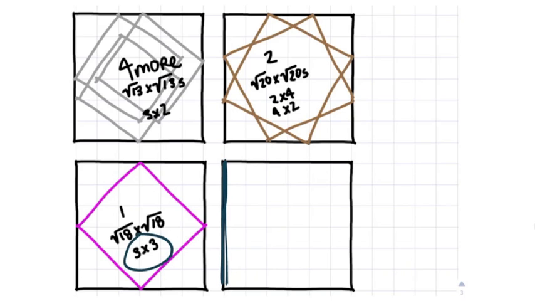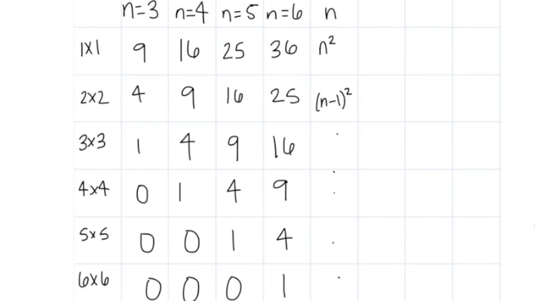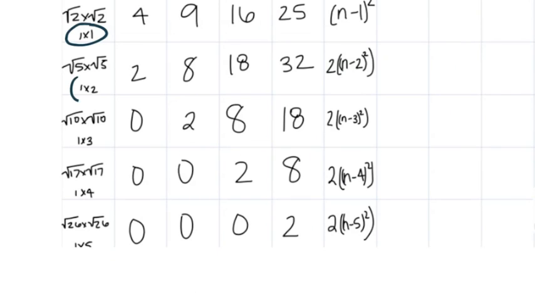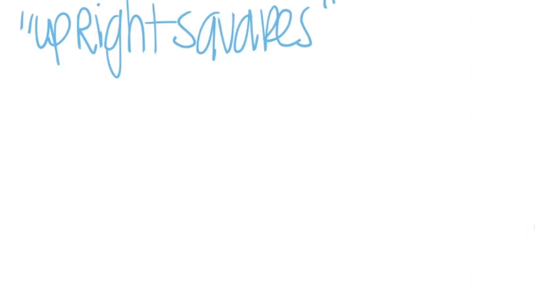For example, right here, I could only get up to 3 by 3 because 3 plus 3 equals 6, and anything larger than that wouldn't fit in my 6 by 6 larger square. So I kept track of all my square counts in this table, as well as the side lengths for the upright squares. And then there's that A and B again, as well as the side lengths for the tilted squares. And here's some more tilted square measures.